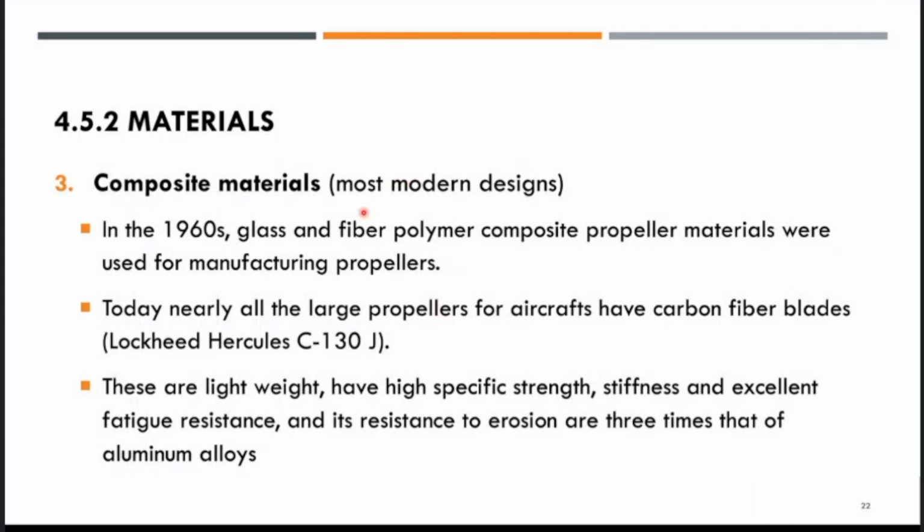Then more modern aircraft designs have used composite materials since the 1960s. Glass and fiber polymer composite materials were used for manufacturing propellers. If you look at more modern aircraft, they already use 100% composite materials. Today, nearly all the large propellers for aircraft have carbon fiber blades, like the Lockheed Hercules C-130J or the A400M made by Airbus.